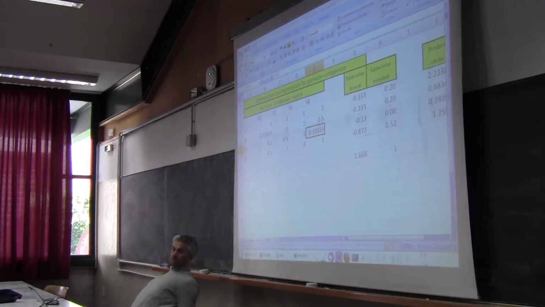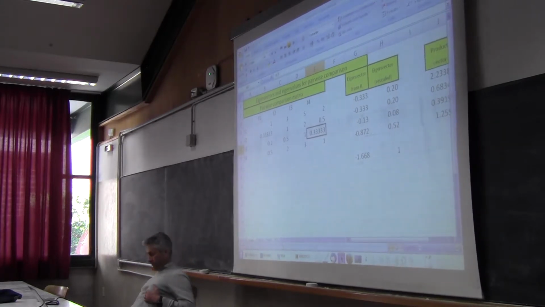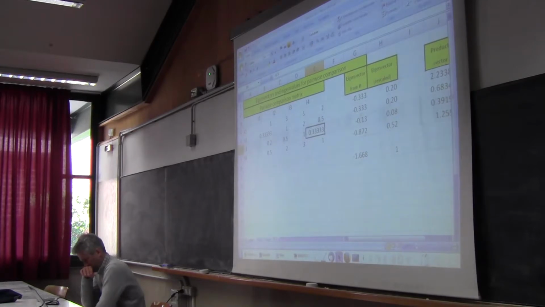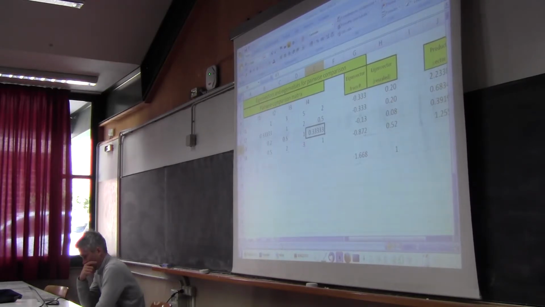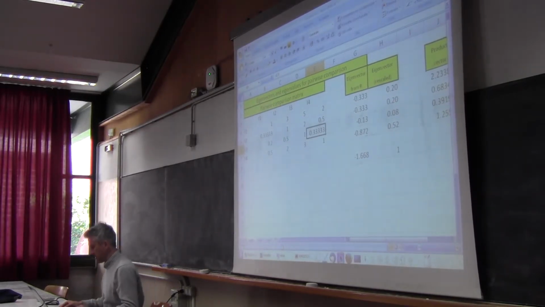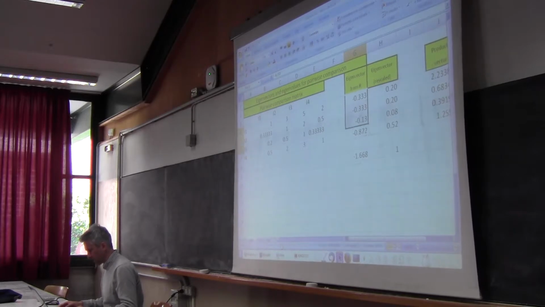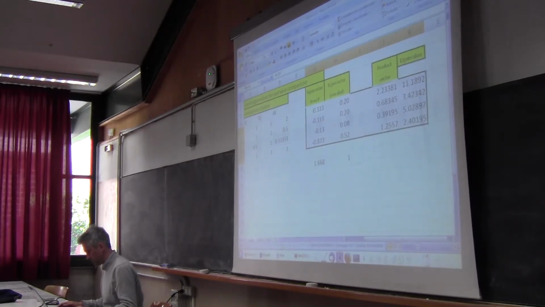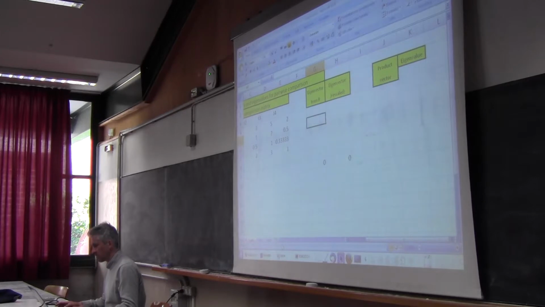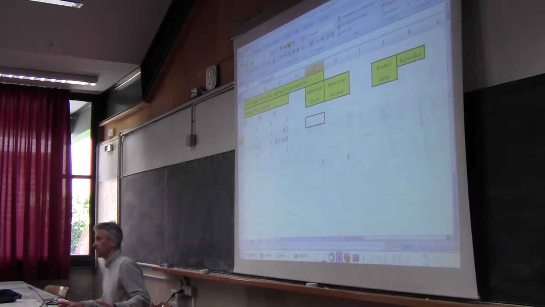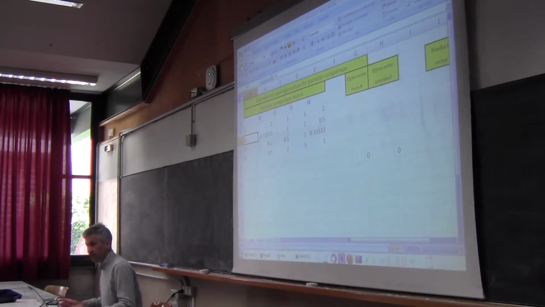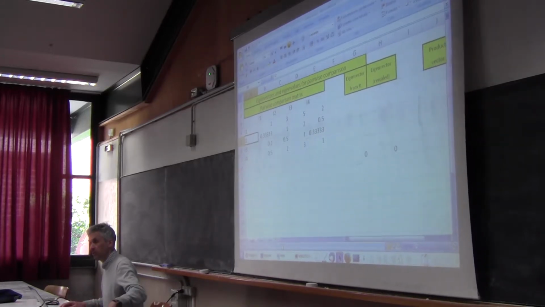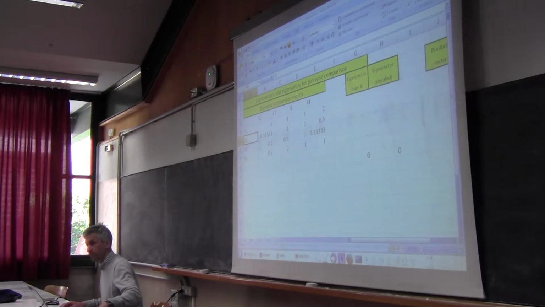Let's see. Okay, so this is our matrix, and let's forget about these numbers here, because these numbers refer to the previous matrix that I had. So far we only defined the matrix. Now we have to compute the eigenvalues and eigenvector.